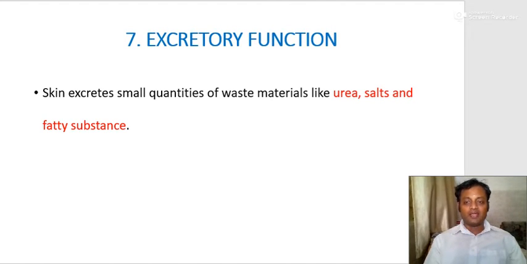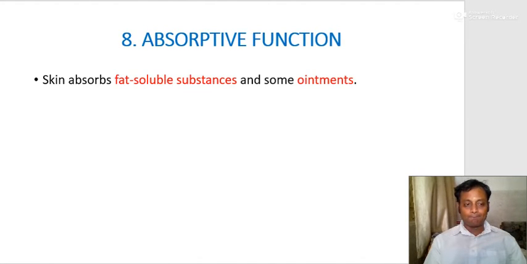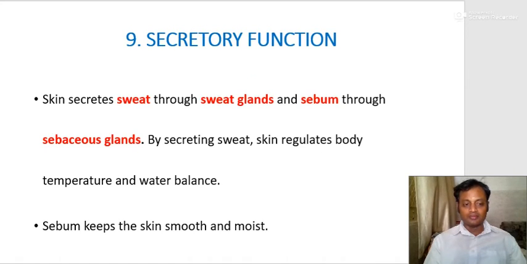It excretes urea, salts, and fatty substances from the skin. So it is the excretory function of the skin. Next, skin also has some absorptive function. It absorbs some fat soluble vitamins, some ointments.